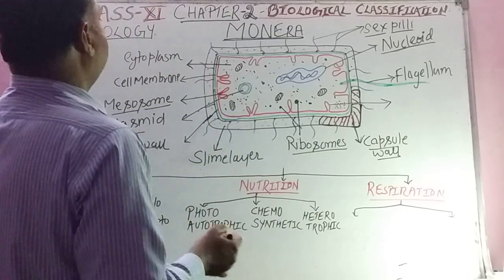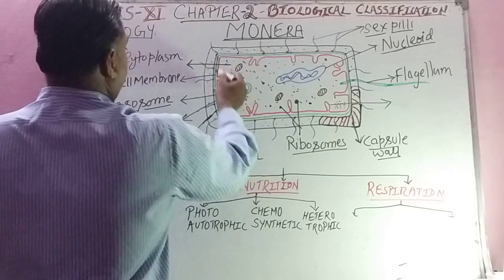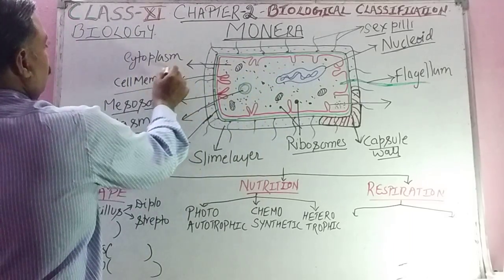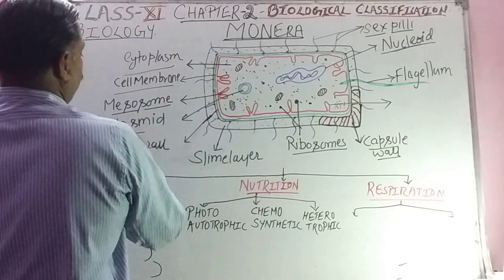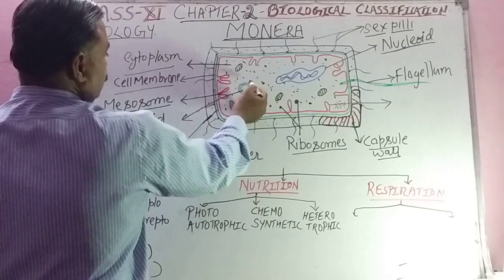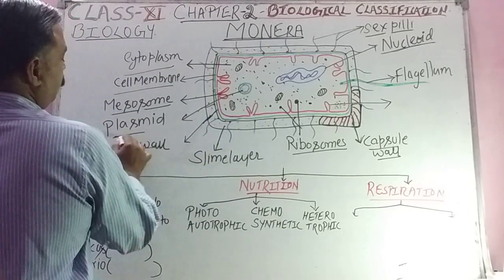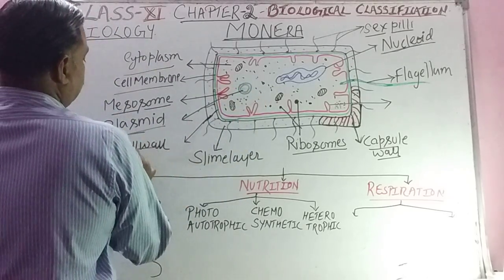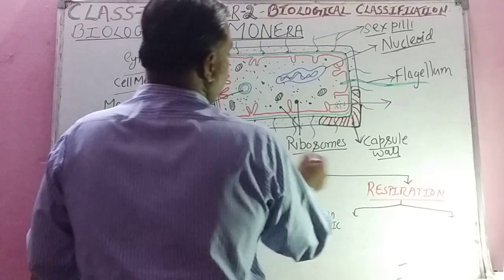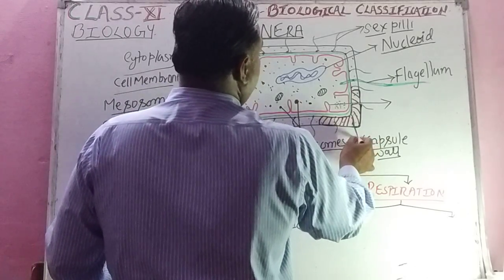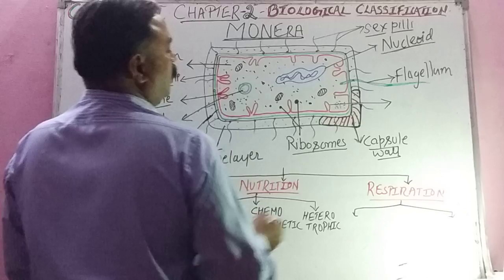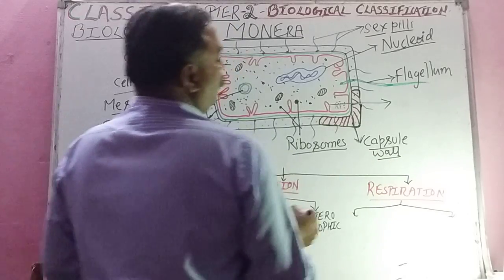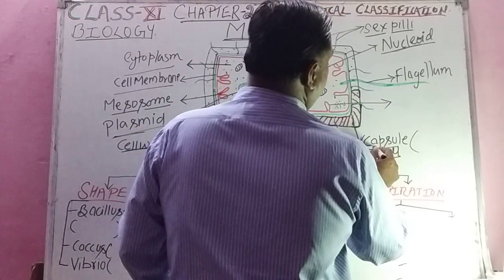Students, let us recap once. Cytoplasm surrounded by cell membrane. Cell membrane invaginates to form mesosome. This extra chromosomal circular DNA is called plasmid. Then this is the cell wall. In some bacteria, the cell wall is bordered by a capsule. That is the capsule wall made up of amino acid and polysaccharide.